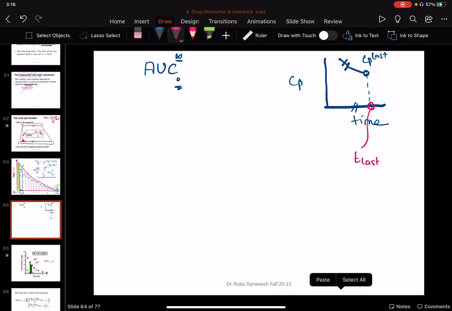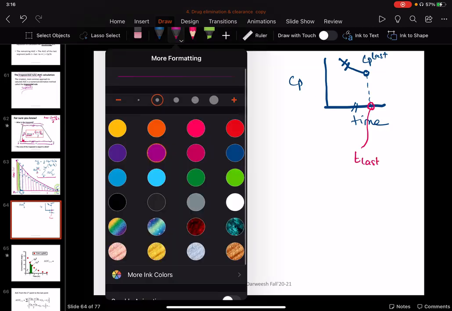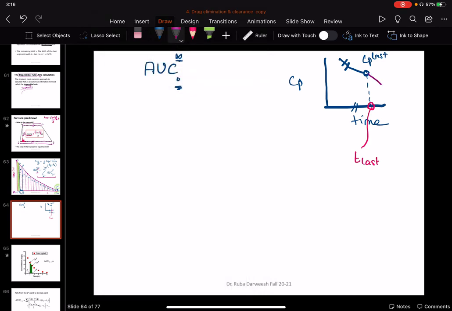So we still need to have this profile, or the area of this part of the profile, which is until infinity, which we can't measure experimentally. So from CB last or T last until infinity.